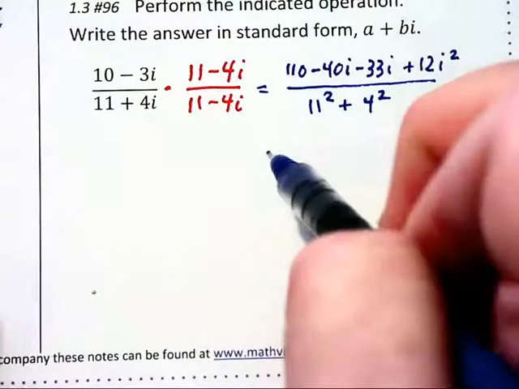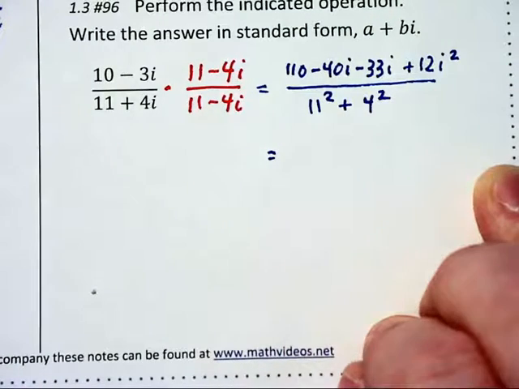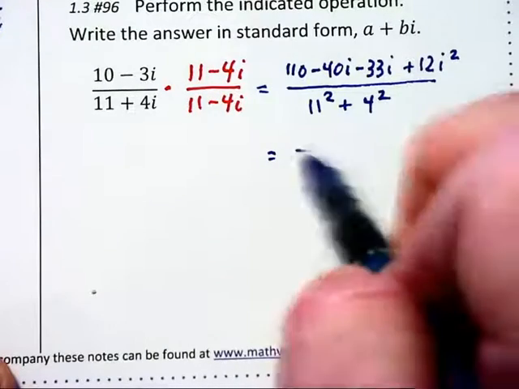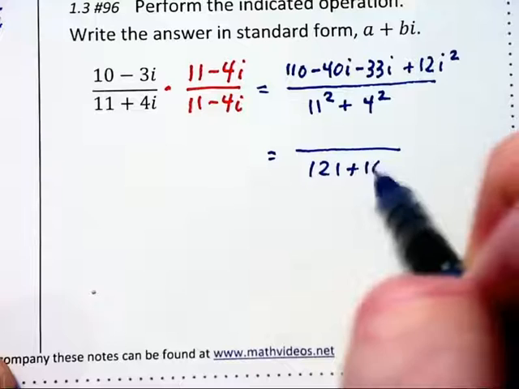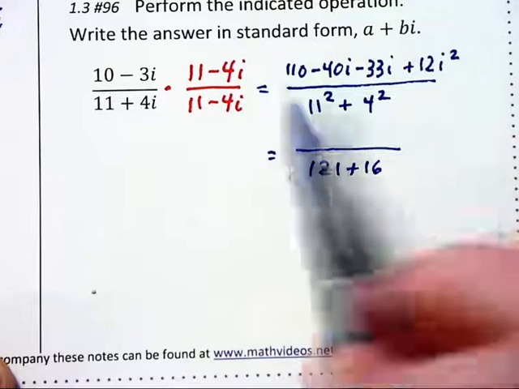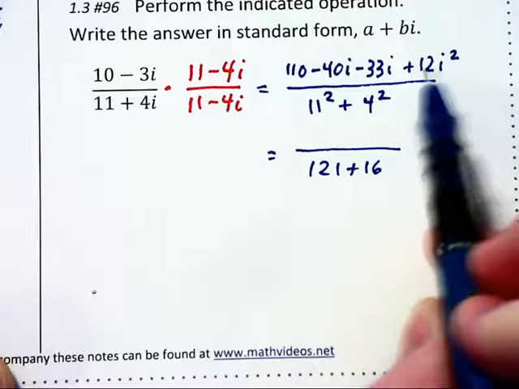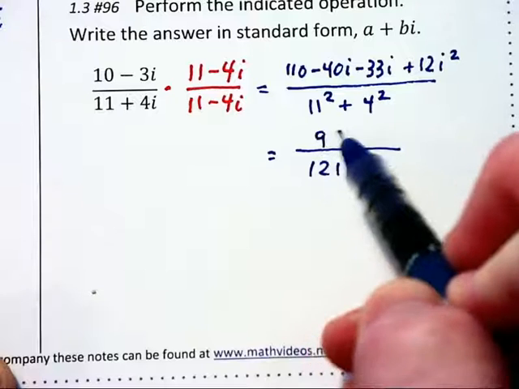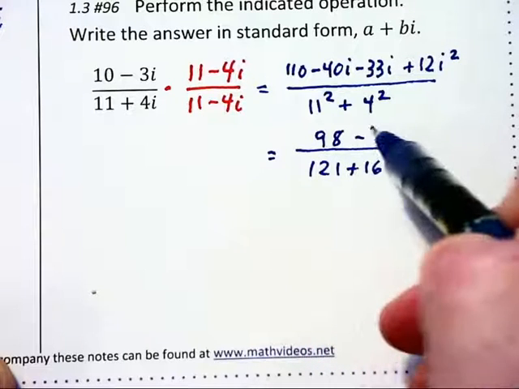Okay, our denominator is 121 plus 16. And the numerator will become 110 minus 12. That's 98 minus 73i.